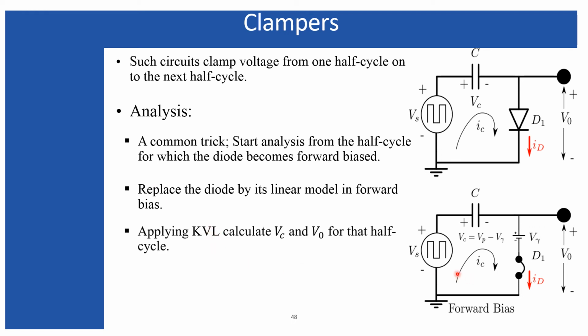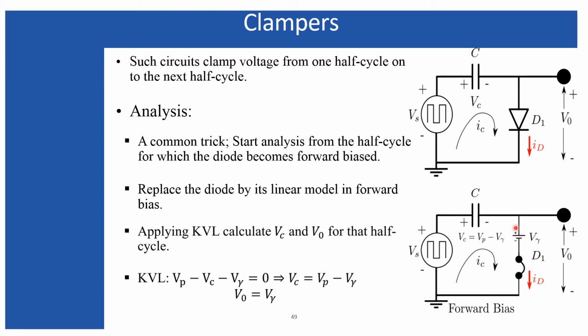If we apply KVL over here, the KVL will result like this. So first I am considering the positive half cycle, and I am considering the peak voltage of the input signal to be Vp. So the current is flowing along this direction. So Vp minus Vc minus V gamma, because the current is flowing in this direction and we are moving from positive to negative for this V gamma voltage.